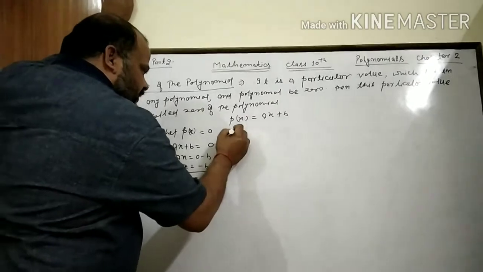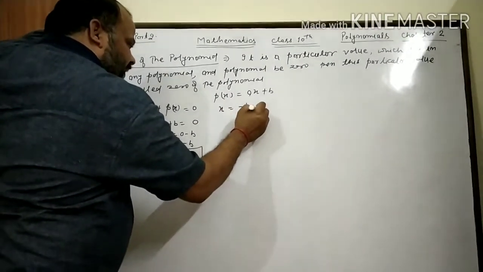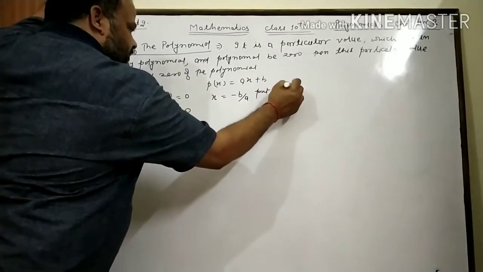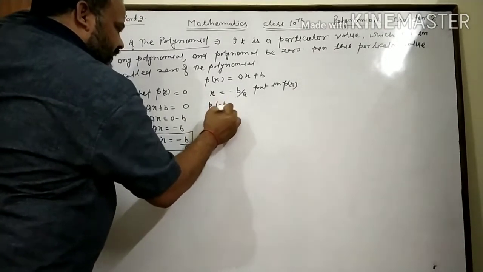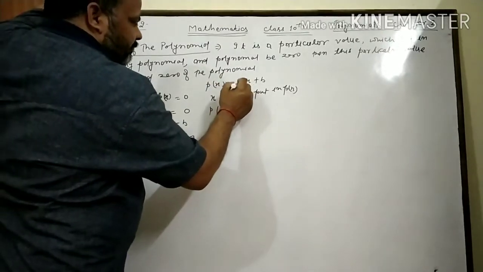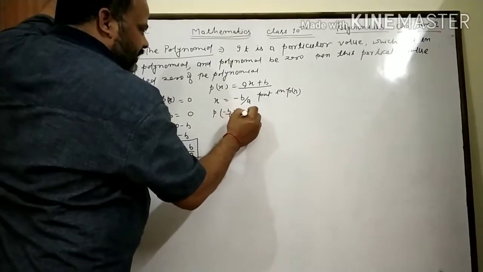Check. Put x is equal to minus b upon a in p(x), then p(minus b upon a). Clear? It means in place of x in this polynomial we put minus b upon a.